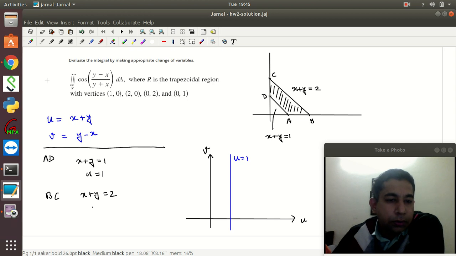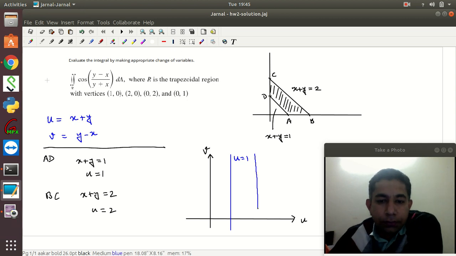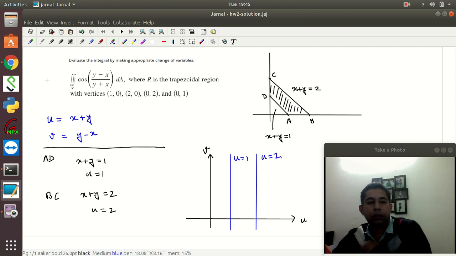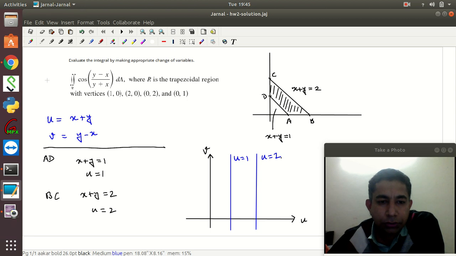So in u variable, x plus y is equal to 2 would be u is equal to 2. Okay, so similarly, we can have a line u is equal to 2. Then the question arises, what about line AB and line DC?